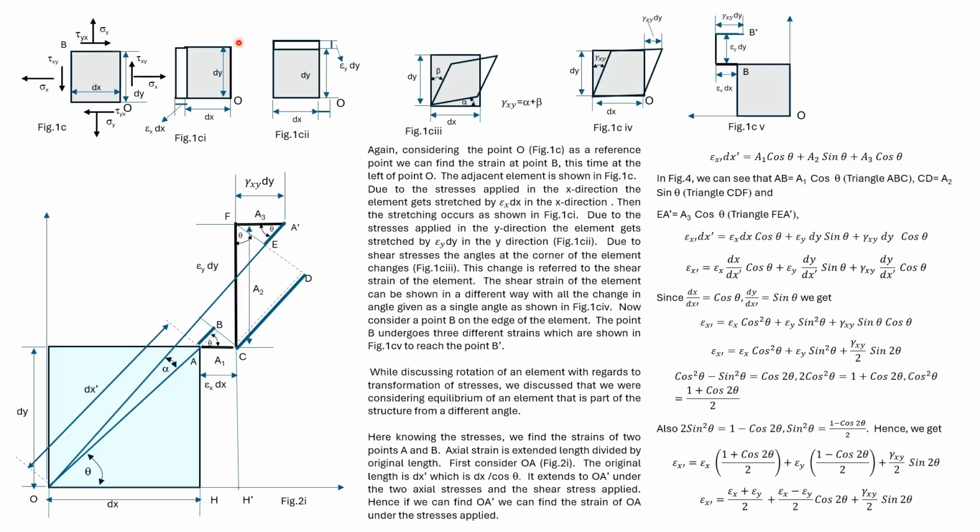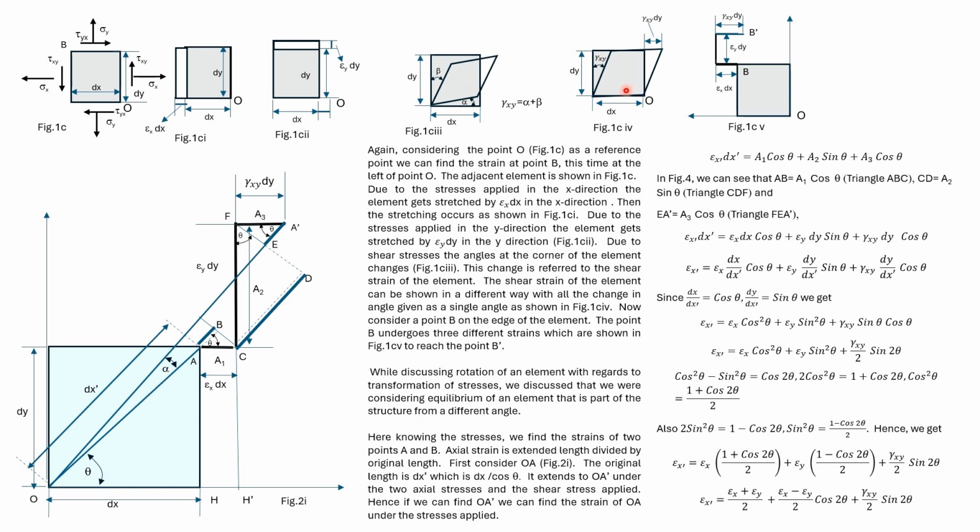Here we consider strain of the point B. The reference point O is taken as this point. Due to sigma x, the strain is epsilon x dx. Due to sigma y, the strain is epsilon y dy. Due to the shear stresses acting, the element distorts as shown here.